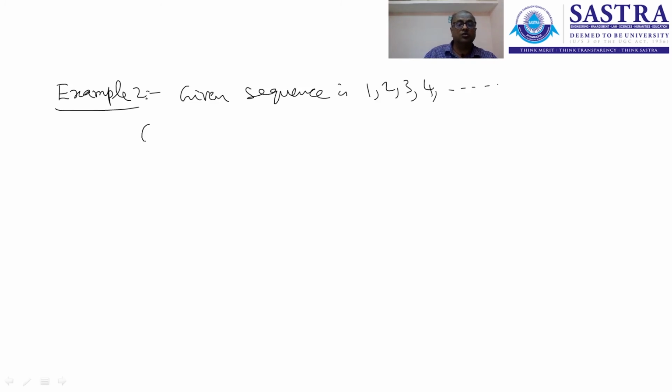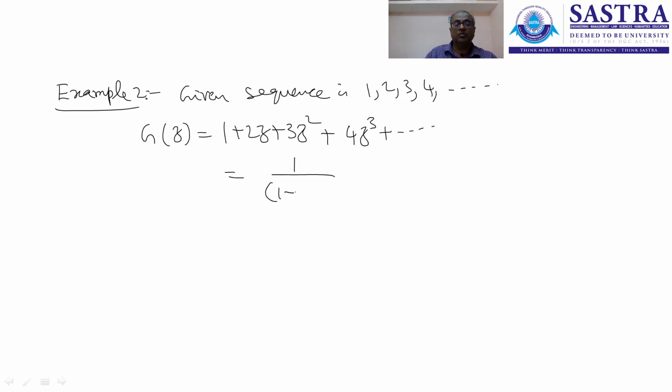Now I construct the generating function g of z, 1 plus 2z plus 3z squared plus 4z cube plus so on. So this would be 1 by (1 minus z) whole squared if modulus of z is less than 1. Again, this would be the closed form.